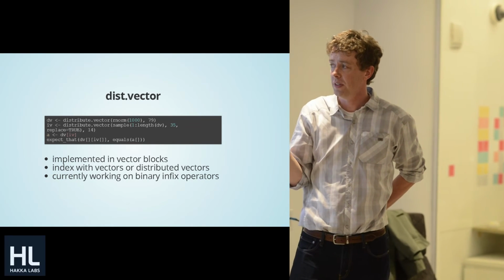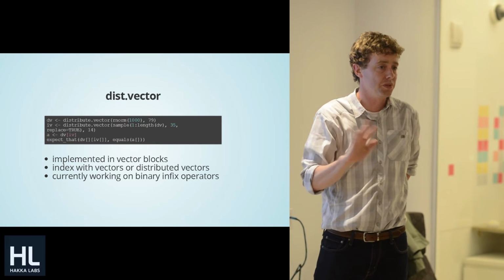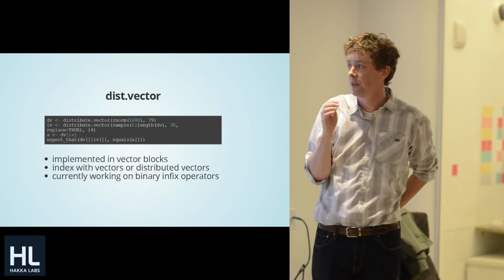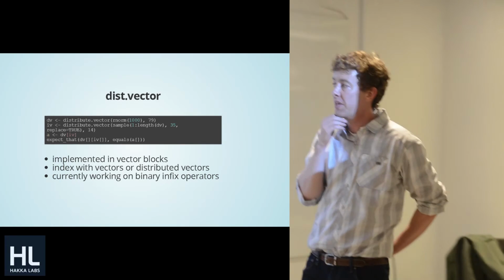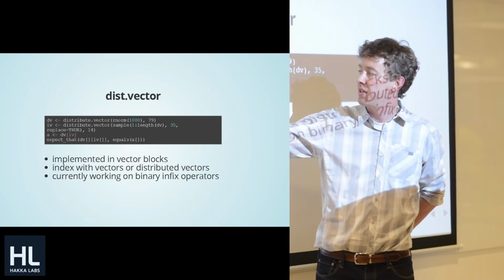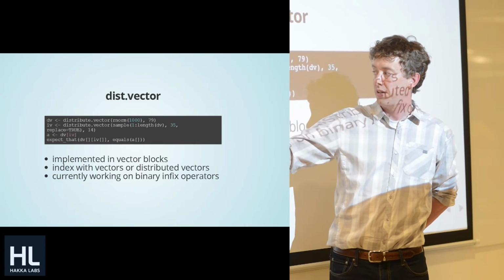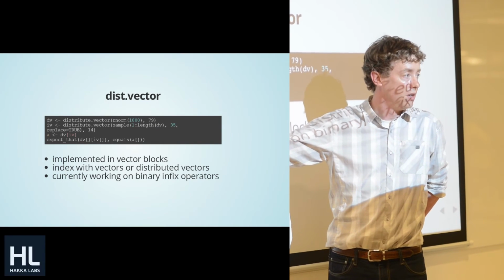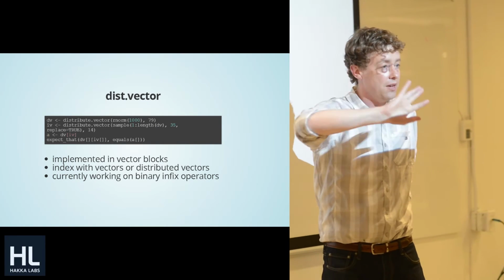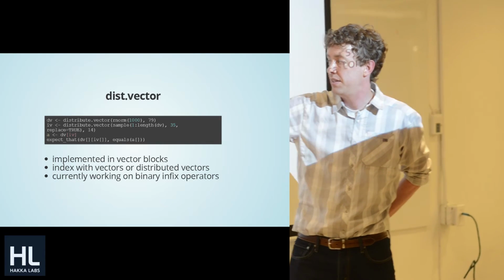It's tricky with most distributed linear algebra systems. And then what you can do is index one distributed vector with another distributed vector. All the data movement is handled, and it's indexed properly.